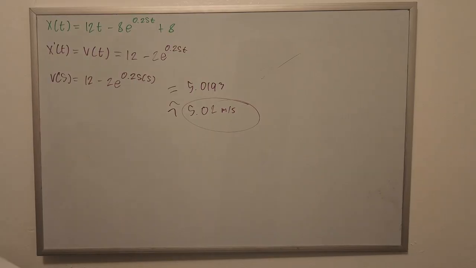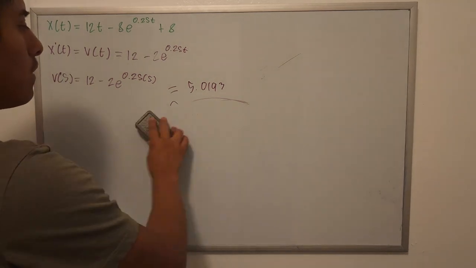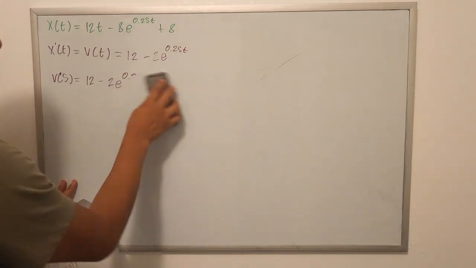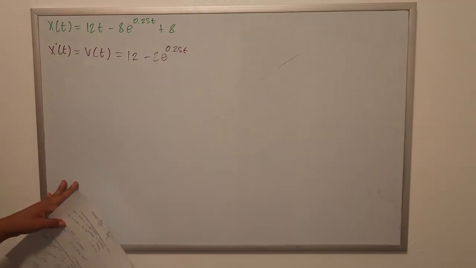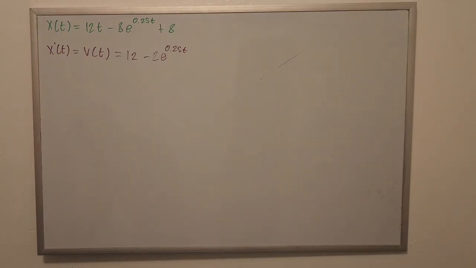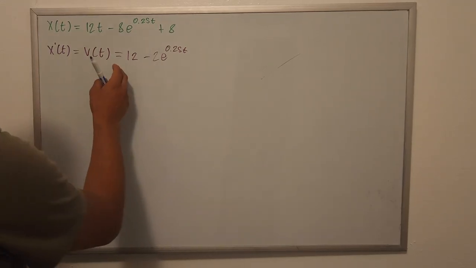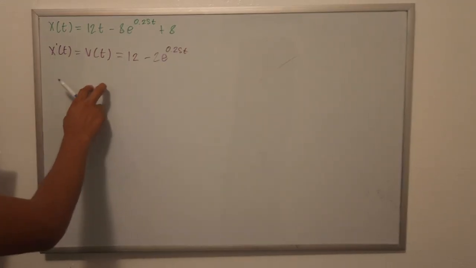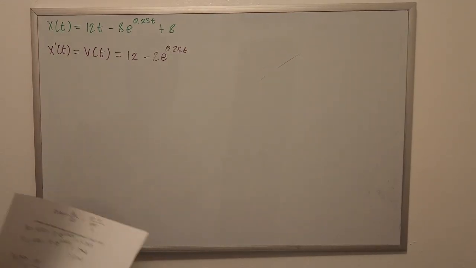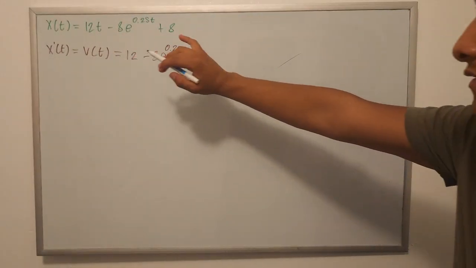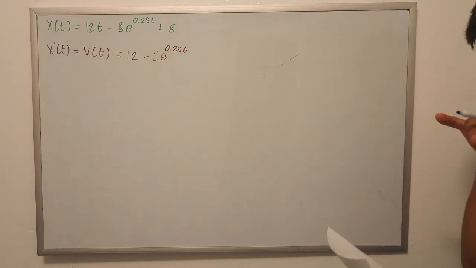And then the next question is, we're going to leave this equation because we're going to need it. So the next question is asking us, what is the object's average acceleration between 0 seconds and 5 seconds? So this is going to be the same as the first problem that we did, just now we're looking at average acceleration instead of average velocity.